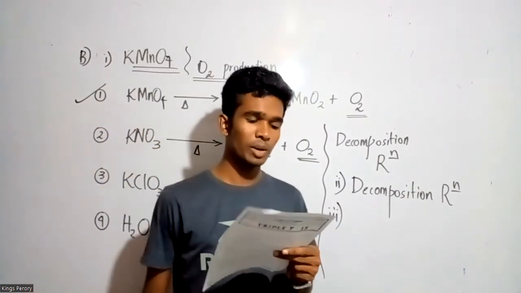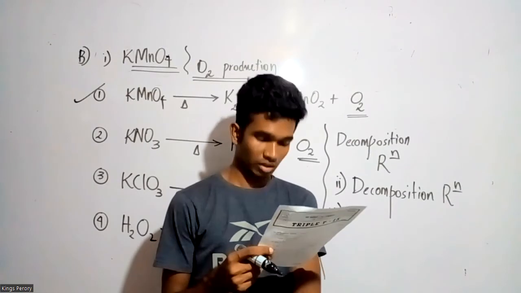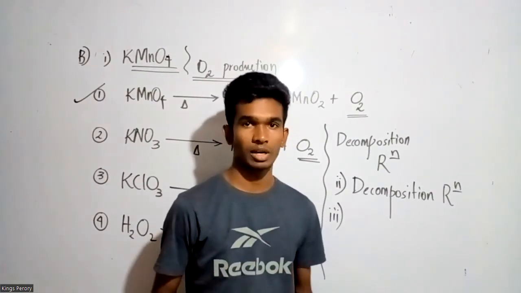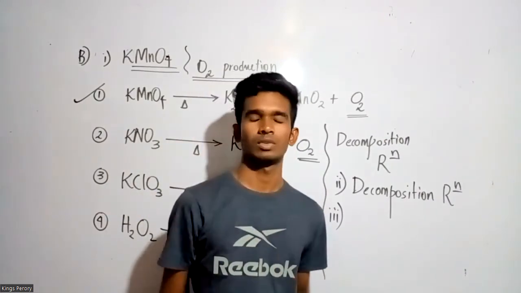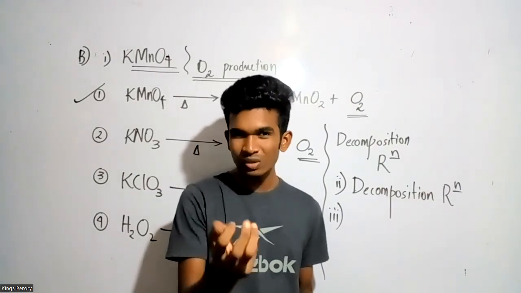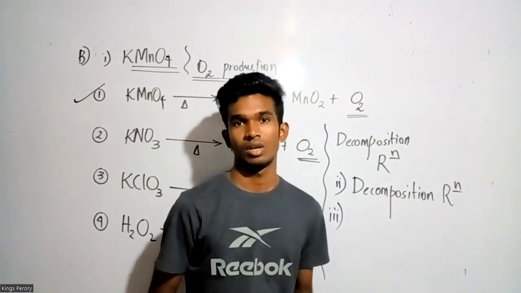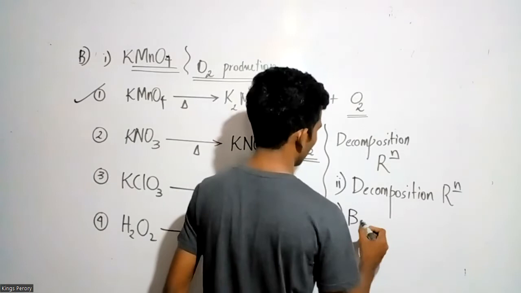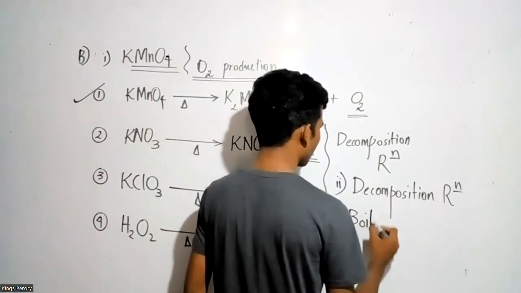Roman number 3. Which equipment must be used to place the compound to carry out the experiment? Remember, decomposition means you are heating. Then you need to put the potassium permanganate crystals into some instrument and heat it. The best instrument is the boiling tube, because a boiling tube can withstand heat.